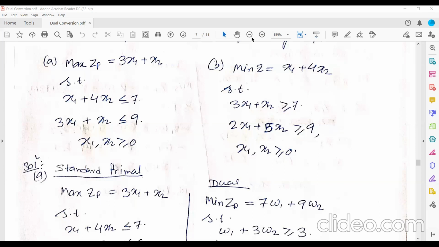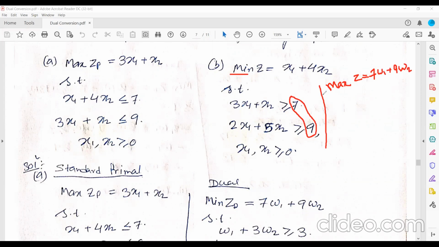So how to convert into the dual? That is very simple. So the dual will be: minimum will convert to maximum. Maximum Z is equal to, the objective function will be this one: 7W1 plus 9W2.